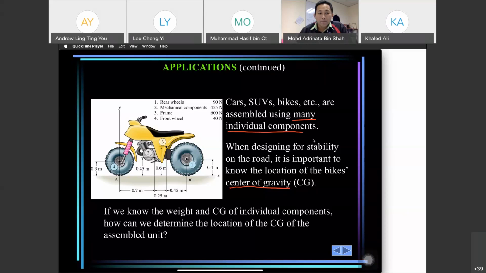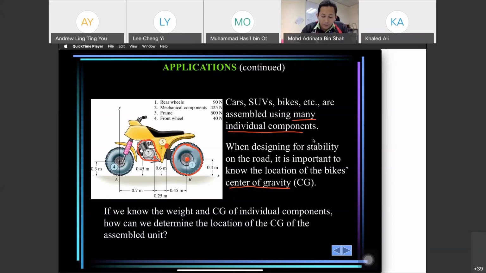So from the figure, the center of gravity for the body is at number 3, the frame. Number 1 is the rear wheels. Mechanical components, engine parts, cranking, piston, the whole engine is at number 2.